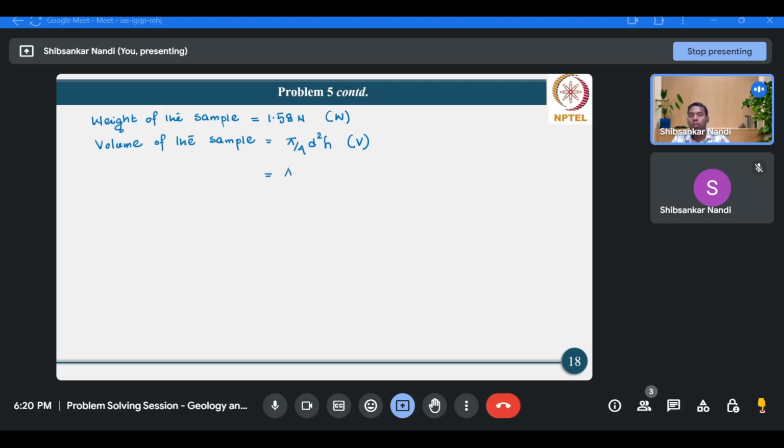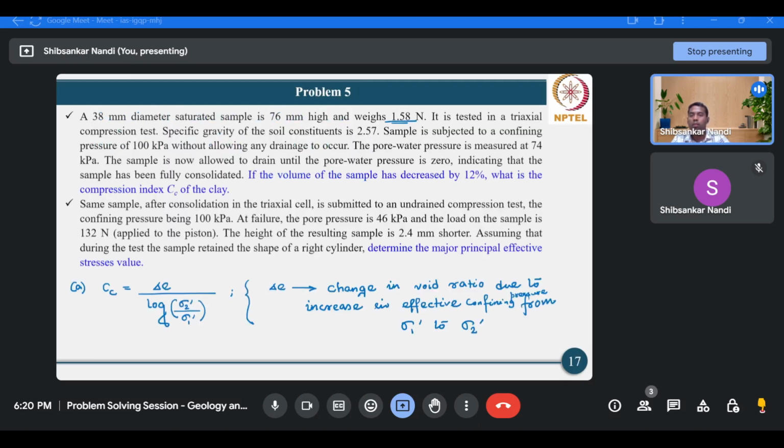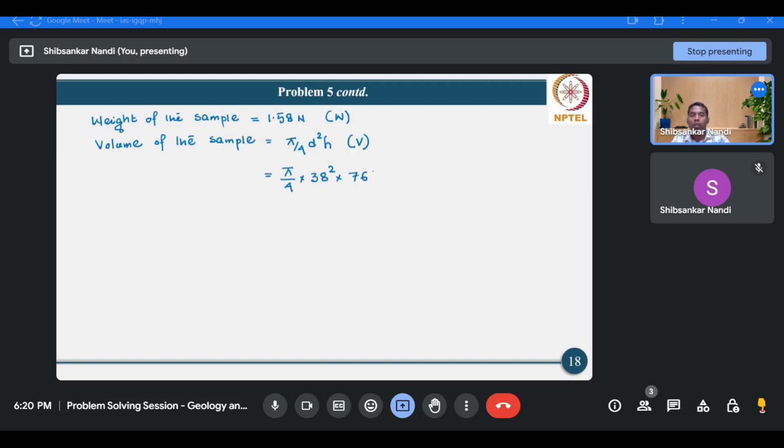Now what is the value of D? The D value is 38 and the value of h is 76. So these are the sample dimensions, into 10 to the power minus 9. So the volume would be 8.62 into 10 to the power minus 5.